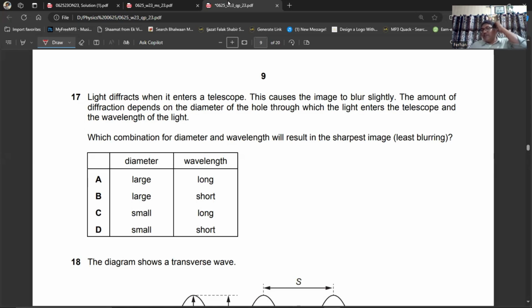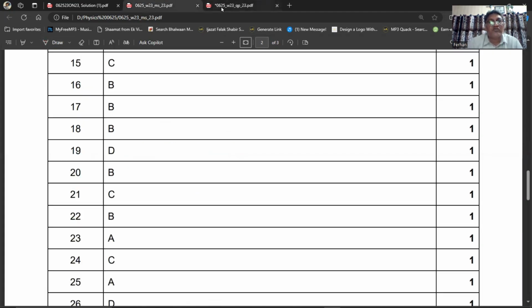If the gap through which the light is passing is less than the wavelength, then the diffraction will be more and more. If that diameter of the hole is larger than the wavelength, then the diffraction will be less, and there will be less blurriness in the image. So the diameter should be larger and the wavelength of the light must be smaller. So question number 17, B looks the right option to me, sir.